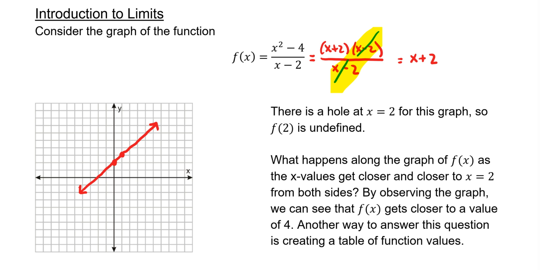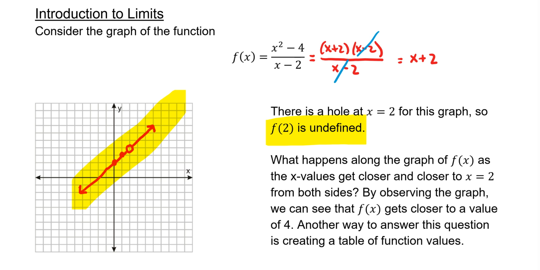So there's a hole when x minus 2 equals 0, which means there's a hole at x equals 2. So at x equals 2, there's going to be a hole, which means the original function would actually look something like this. So our original function, the graph of it looks like this. So we know that f of 2 is undefined because there is a hole when x equals 2.